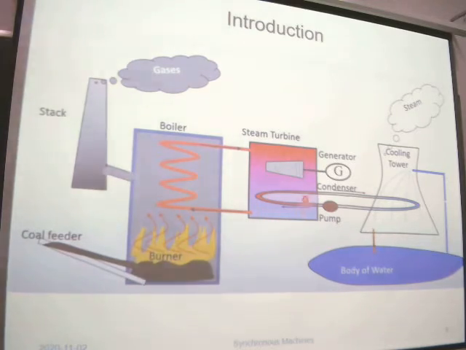This is just a simple graph. The principle of the power plant is simple and easy to understand. So this is the heat, the hot water, and the cool water.